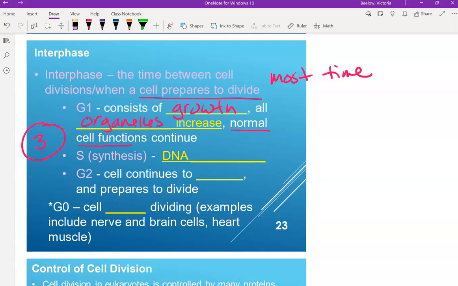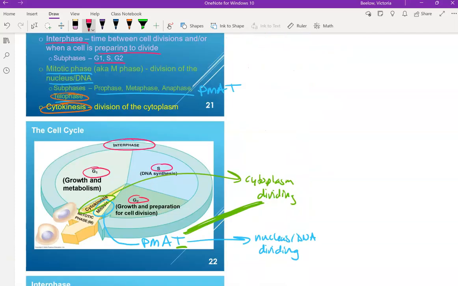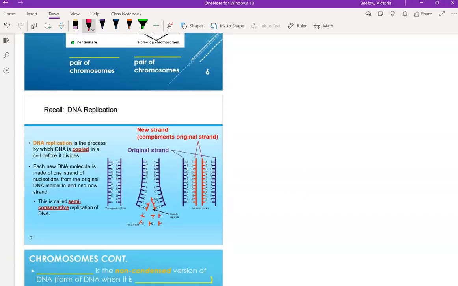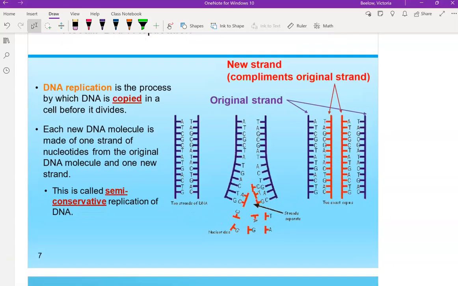S phase stands for synthesis, and this is when the DNA replicates. Right? This is when you copy your DNA, which we talked about last semester in our DNA to protein unit. So all of your DNA goes through DNA replication. You unwind that double helix. Let me find the slide from last semester. So this right here, this is what's happening.